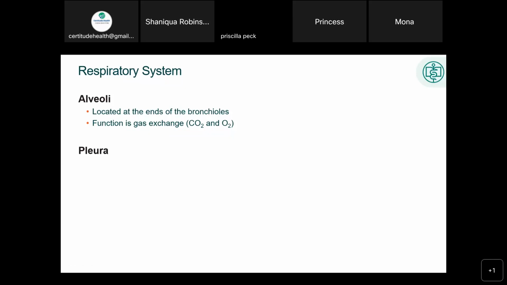This cavity is in a central area, and it's almost like a fluid-lined layer that covers that central part of your chest, and so it can get infected as well.